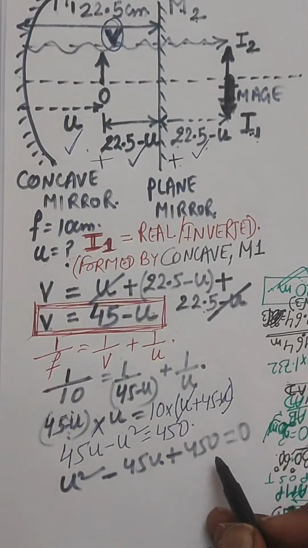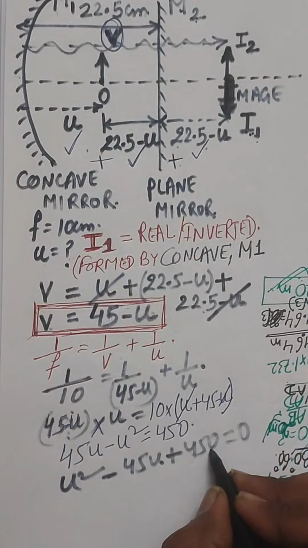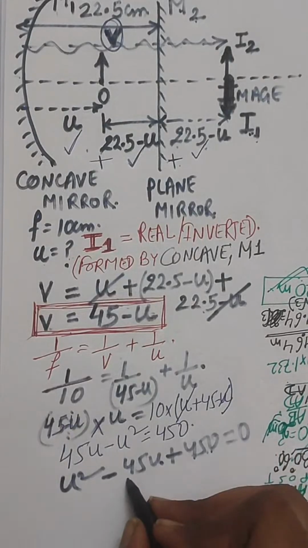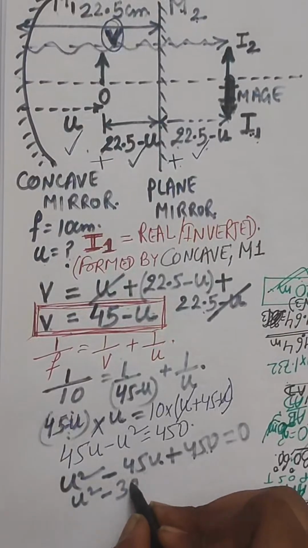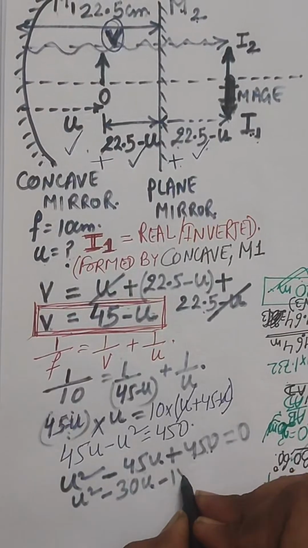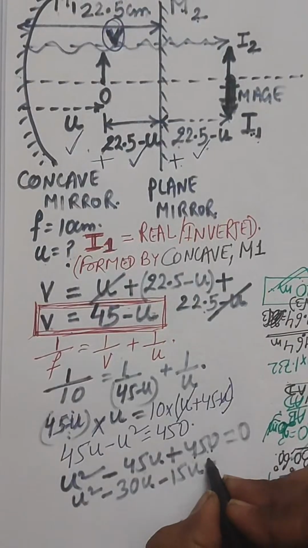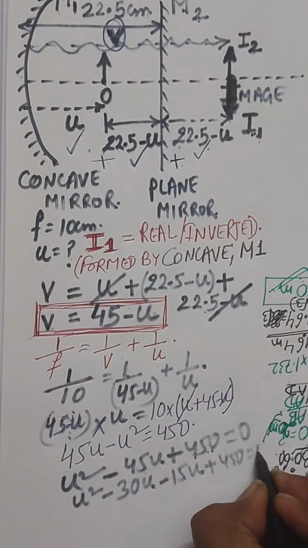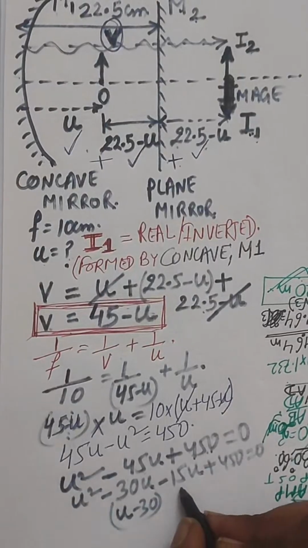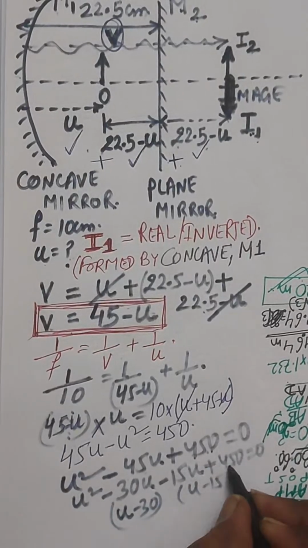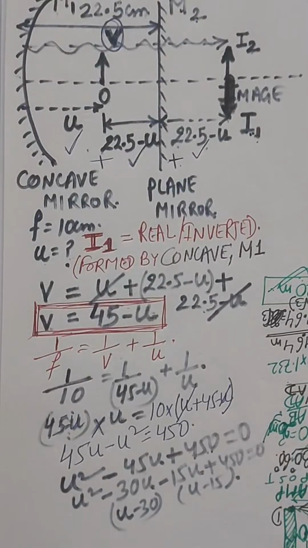And when you solve it, 15, 30 and 15, just split the middle term. It will be u square minus 30u minus 15u plus 450 equal to 0. This will give u minus 30 and u minus 15, right?